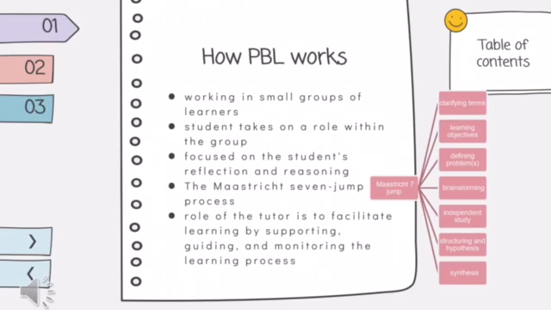The process follows the Maastricht 7-jump process, which involves clarifying terms, defining problems, brainstorming, structuring and hypotheses, learning objectives, independent study, and synthesis. In short, it is identifying what they already know, what they need to know, and how and where to access new information that may lead to the resolution of the problem.